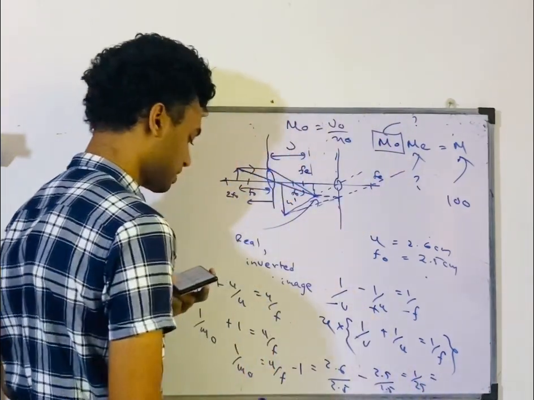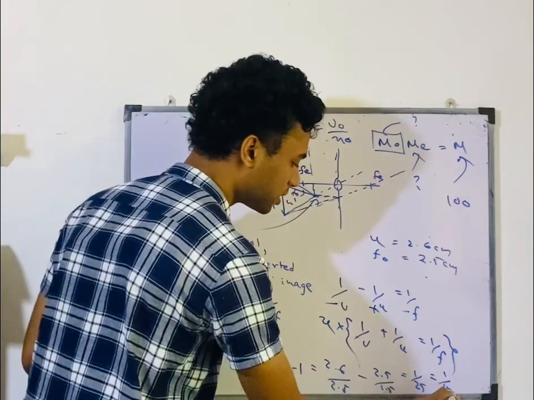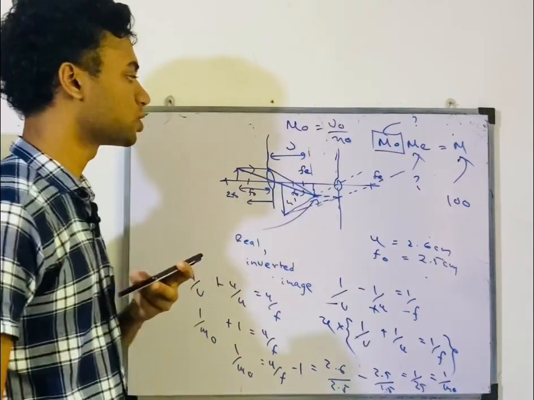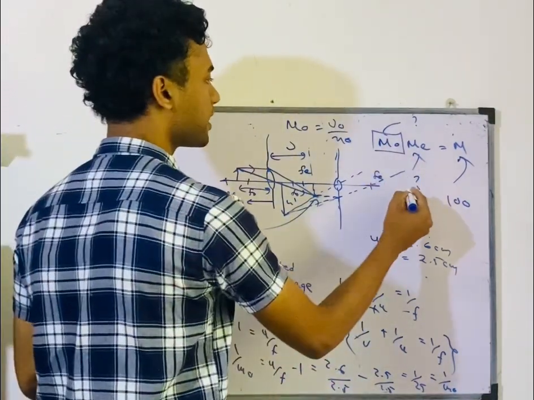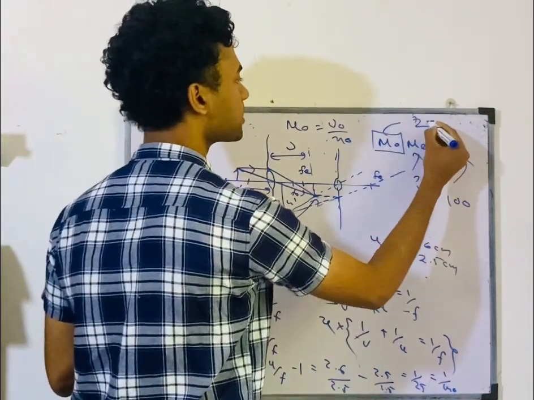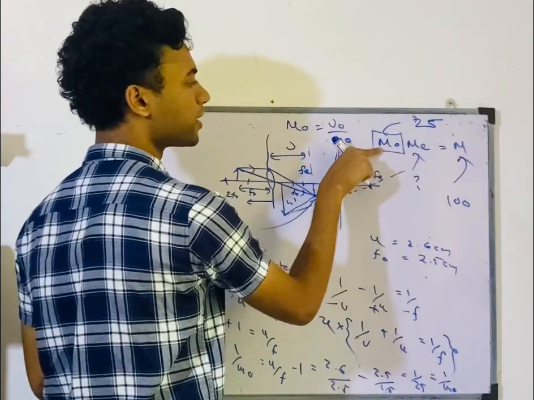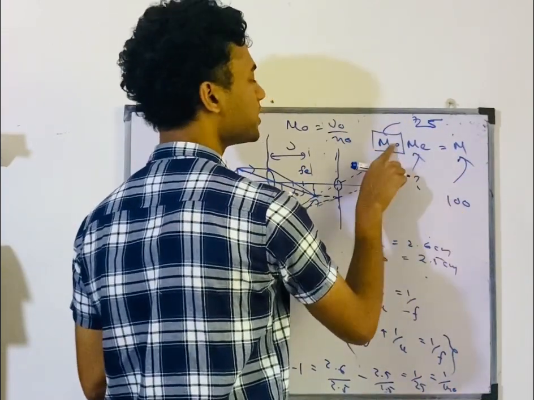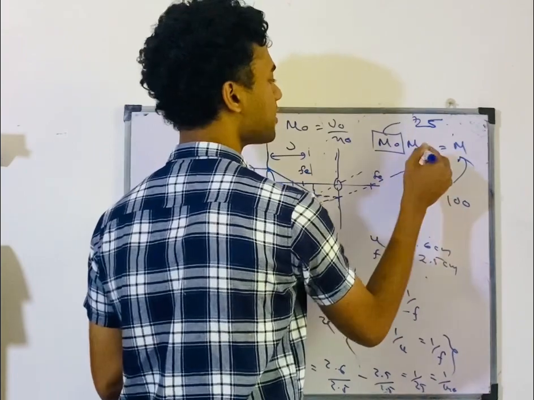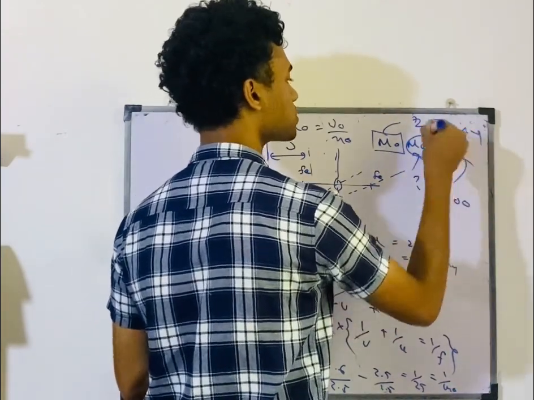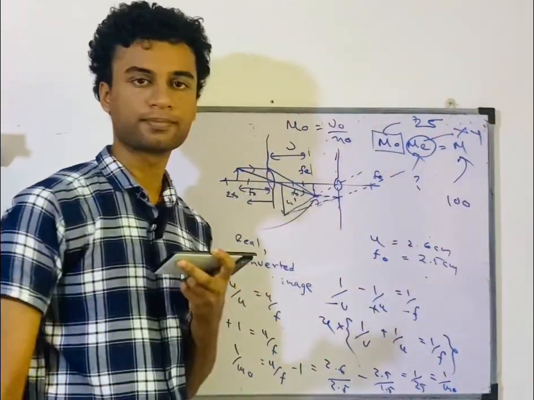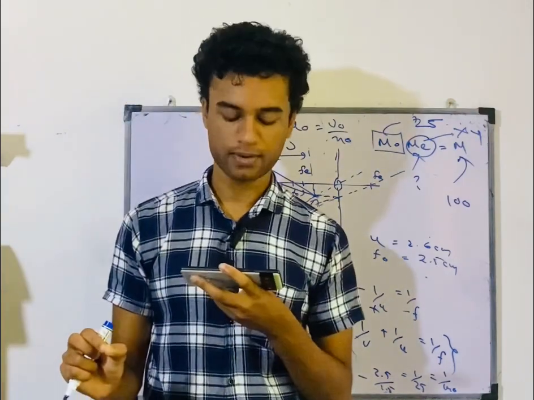So 1 over 25 is equal to 1 over m naught. That means m naught is equal to 25. M is equal to 100. 25 times what is 100? Therefore, m is equal to 4, because 25 times 4 is equal to 100. I hope you can understand this, right?